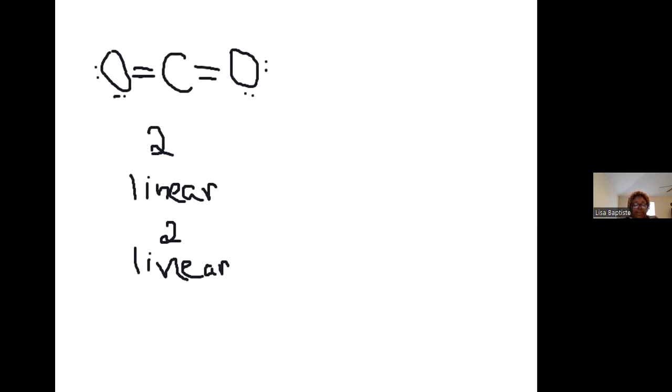Basically, when we're looking at resonance structures, it deals with how we move the electrons from one particular version of that compound structure to another. And so we can move our electrons, okay, for this particular structure.